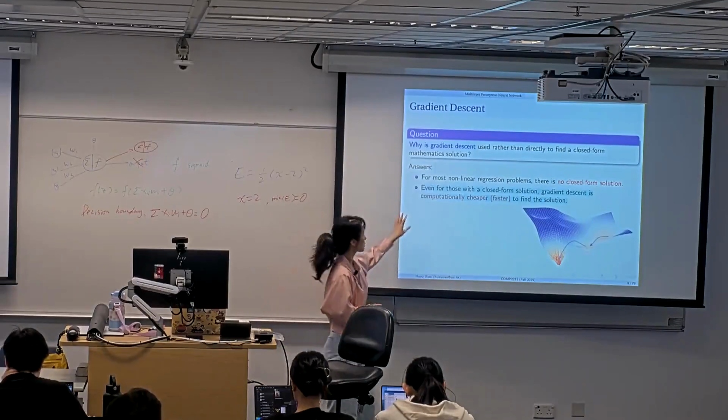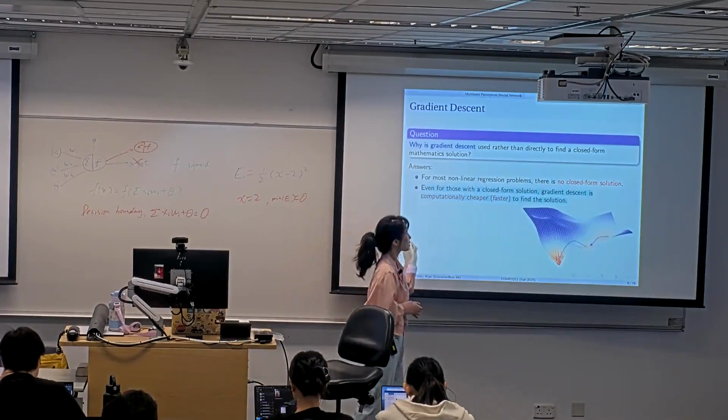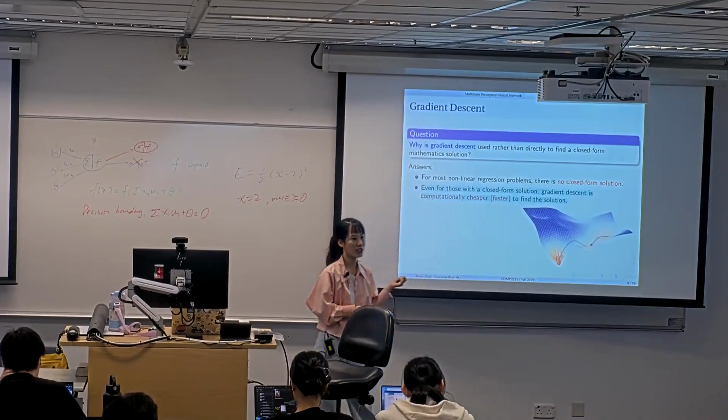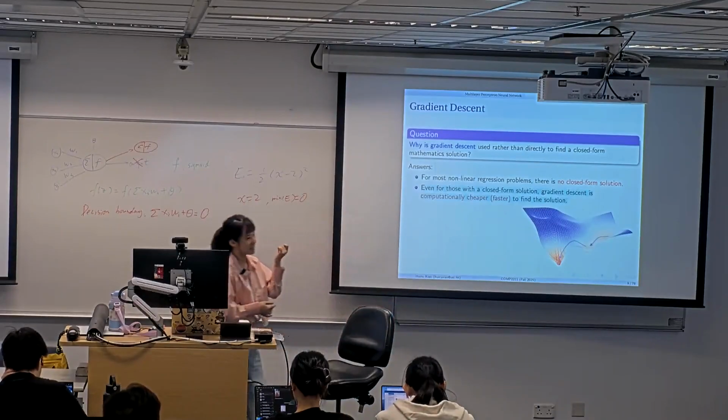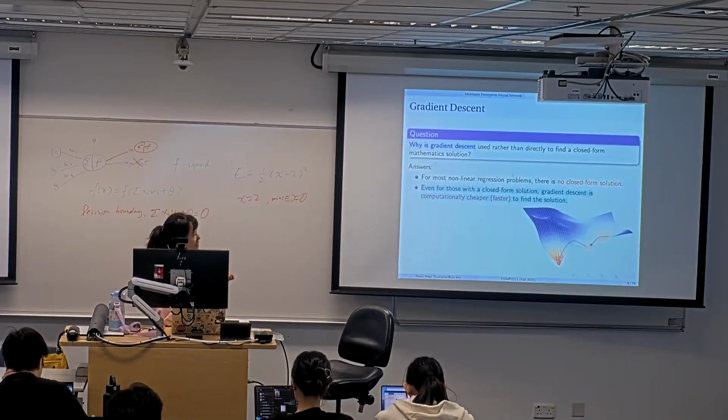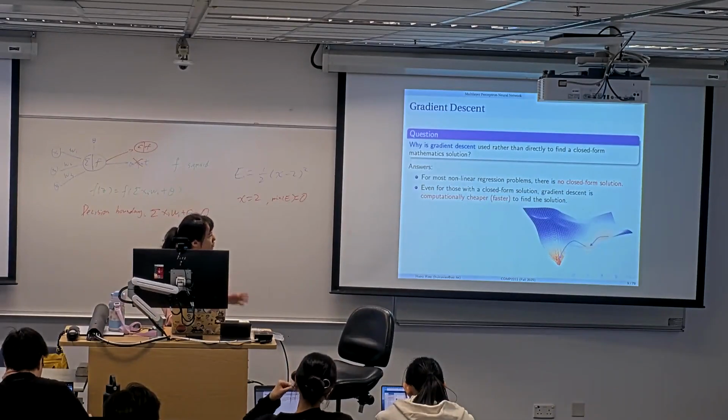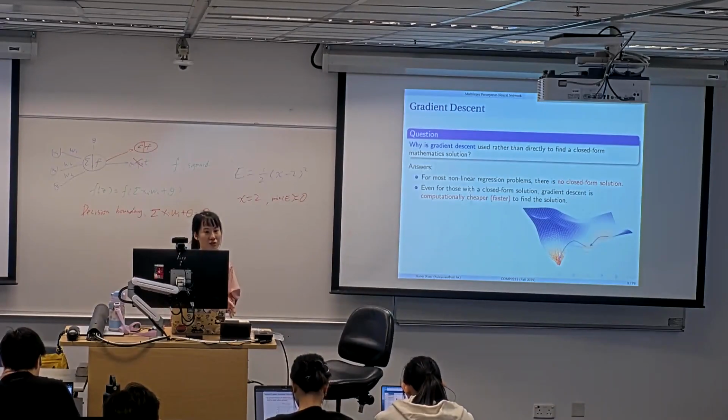So actually gradient descent is much cheaper than the closed form solution. That's why for this problem, of course, it's an optimization problem, we want to get some minimum, we still resort to gradient descent instead of a mathematical closed form solution.